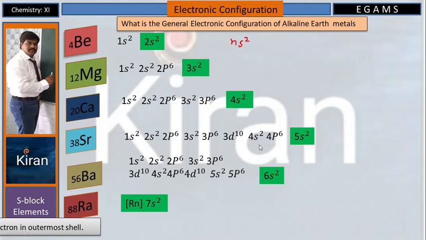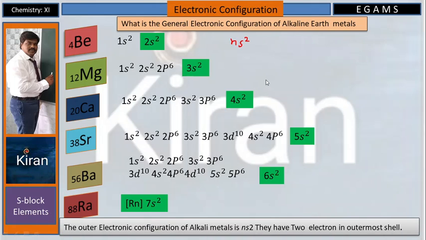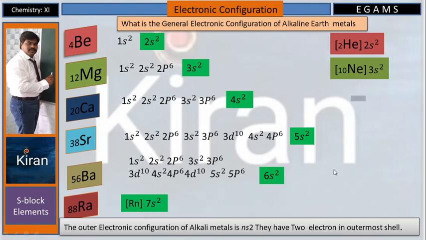With respect to the noble gas configuration, we can also show all these elements' electronic configuration. Helium core 2s2, because helium's atomic number is 2 and beryllium's is 4, 2 plus 2. With respect to the neon core, 3s2. With respect to argon, the electronic configuration of calcium is 4s2.